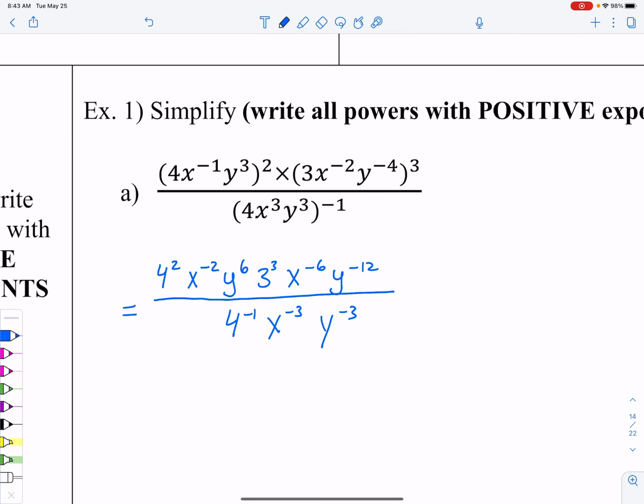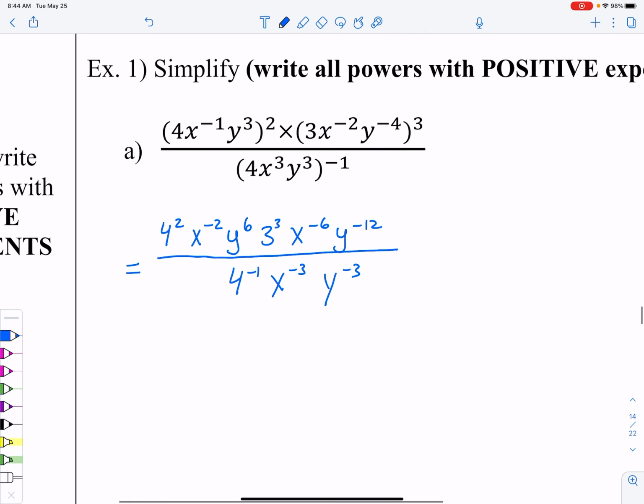Next, we need to look for common bases and combine them together. So here we have a 4 and a 4, so we can combine those. 4 to the 2. Now remember, when something's on the bottom, we're going to subtract. So we end up with 2 minus negative 1, which you can write as 2 plus 1.